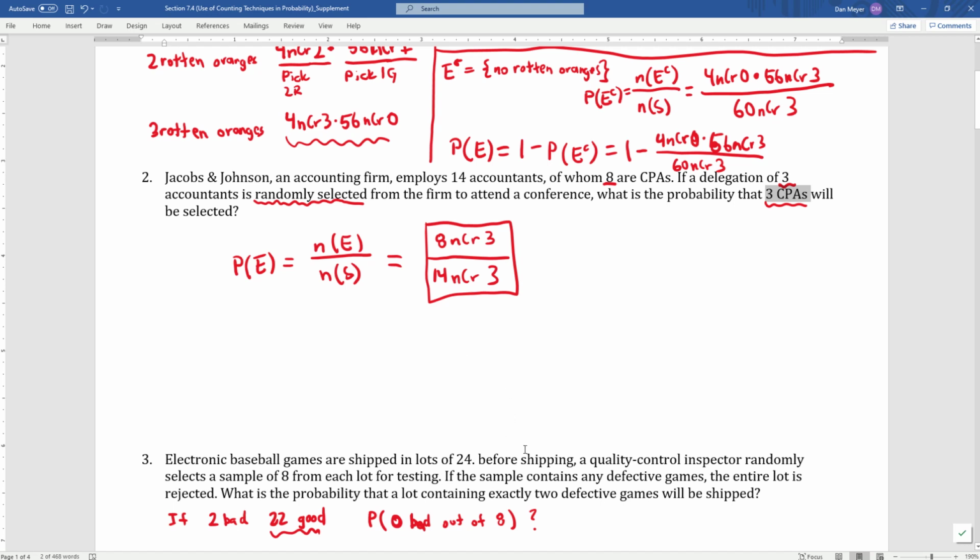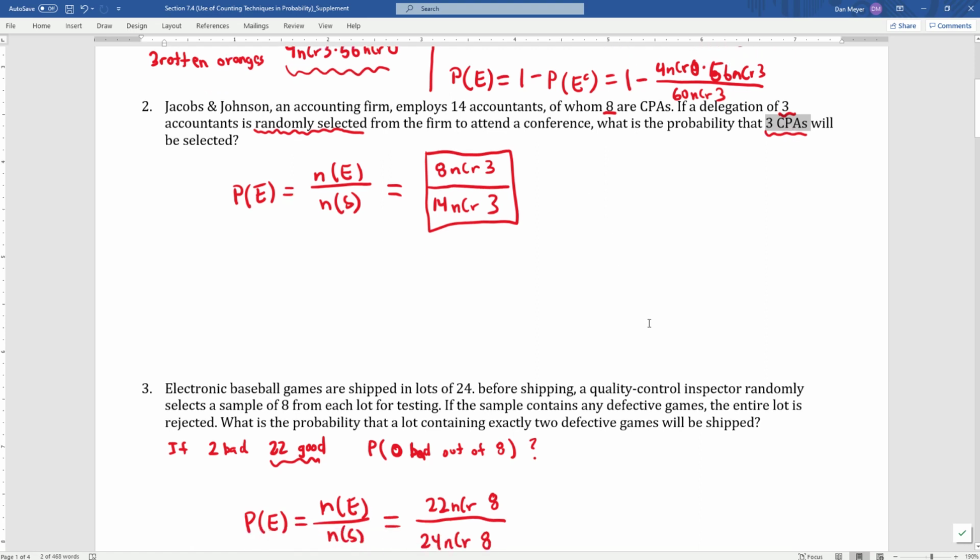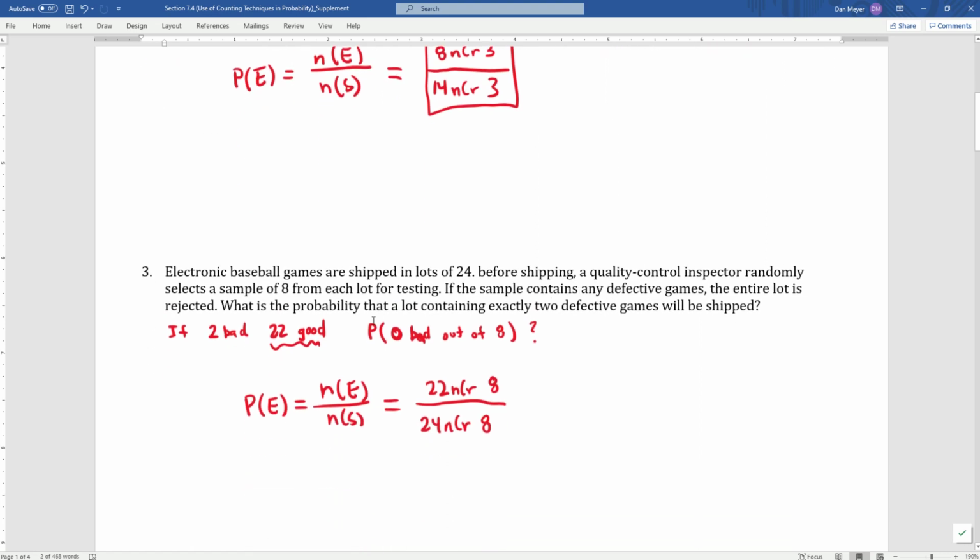In 2 I was picking all CPAs from the accountants, and in 3 I was picking all good games from the batch of 24. You could think of 2 and 3 as being combinations from a reduced selection set. And those problems are specific to, well, I was about to say they're specific to probability problems, but they could be just straight up counting problems too.